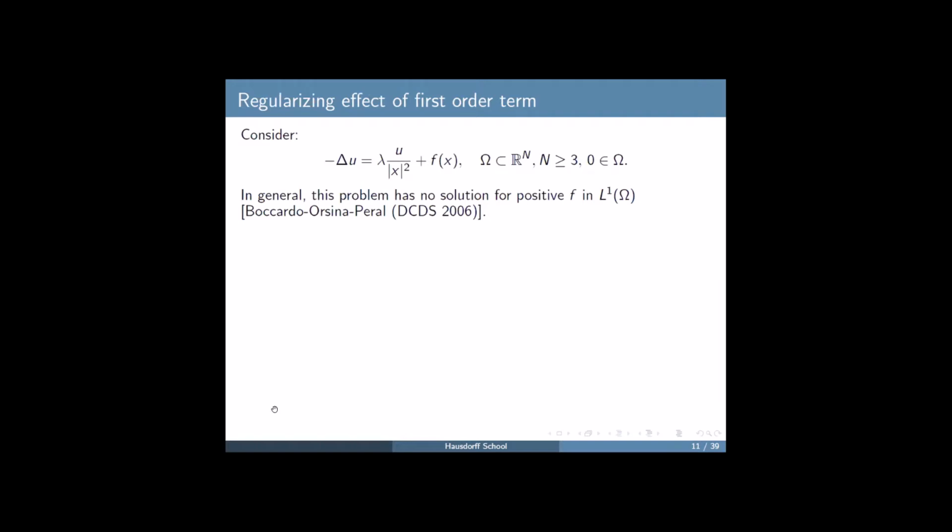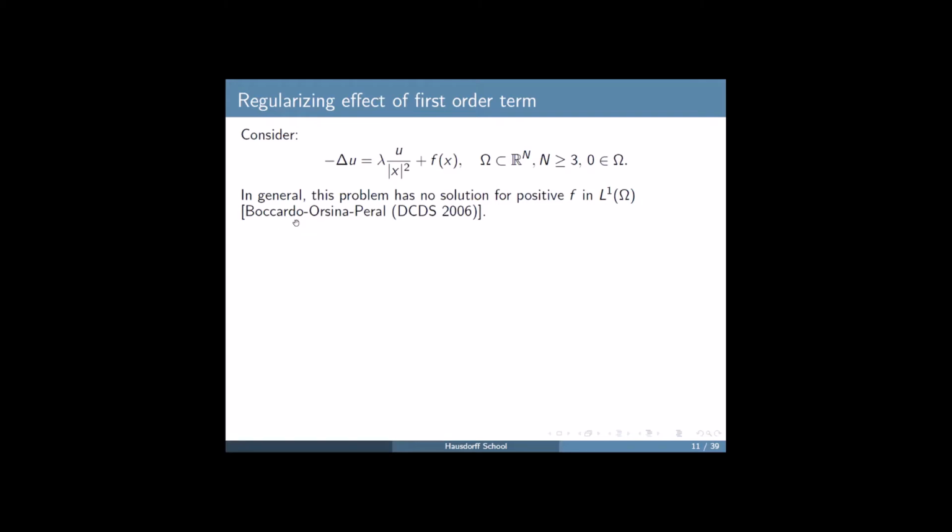So finally, before starting with the fractional framework and our contributions, I would like to discuss another interesting fact of having nonlinear first order terms in elliptic equations. If you have this equation here with the Hardy potential, f a positive function in L1, with 0 in the set omega, then in general this problem has no solution.